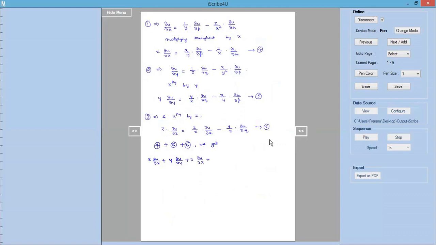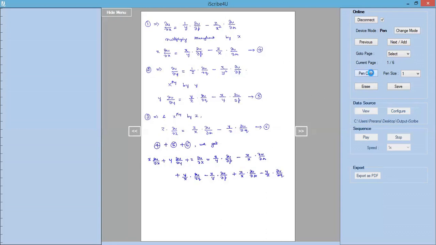On the right hand side we are adding x by y into dou u by dou p minus z by x into dou u by dou r plus y by z into dou u by dou q minus x by y into dou u by dou p plus z by x dou u by dou r minus y by z dou u by dou q.